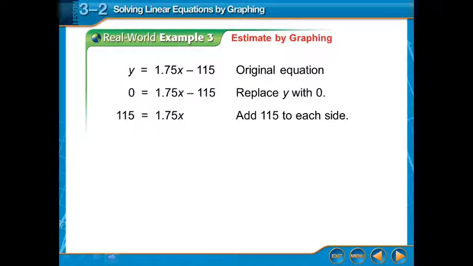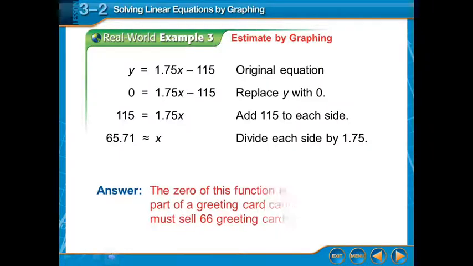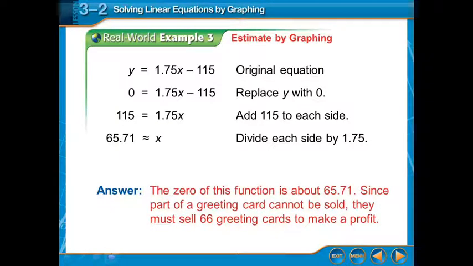We're going to add 115 to both sides of the equation and then divide by 1.75, and you're going to get approximately 65.71 cards. Now the reason we're getting an approximate is because we can't sell part of a greeting card. They have to sell 66 greeting cards to make a profit.